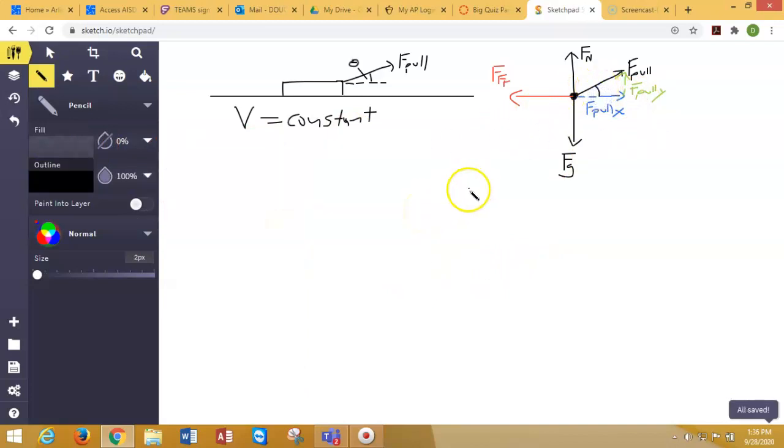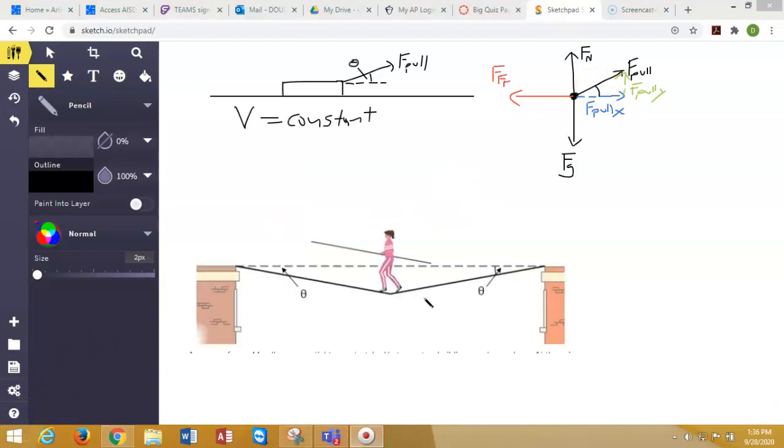Now, if we go to that problem on the quiz, so here's our problem on the quiz, and it asked you to draw an FBD of what's going on here. Right? And so, rope is massless. The person is going to have gravitational force going down.